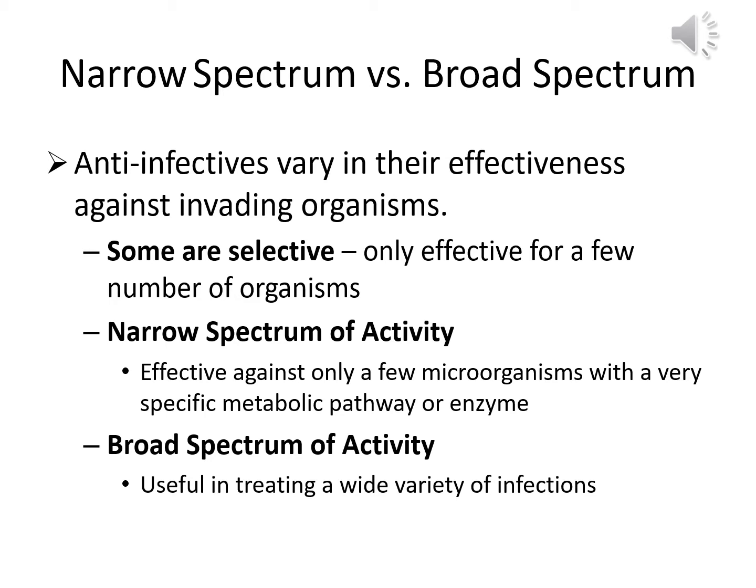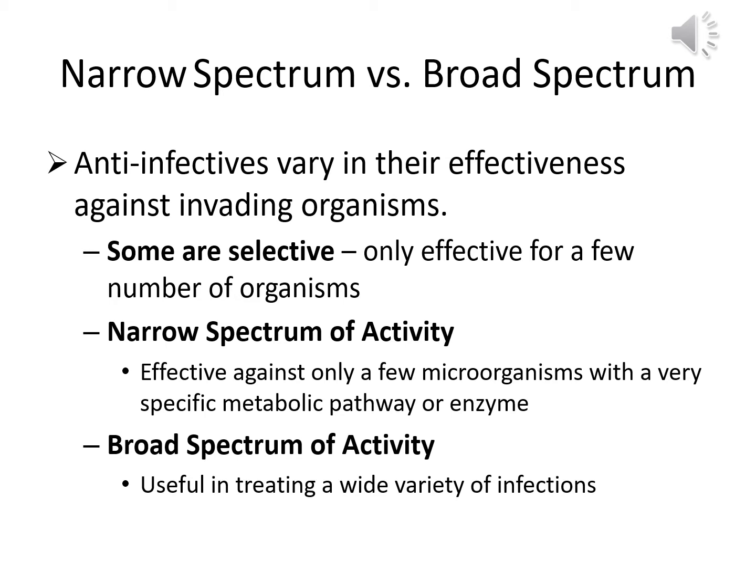Others considered narrow spectrum might be effective only against, for example, gram-positive anaerobes or just gram-negative bacteria, and only a few of those, such as gram-negative coliform bacteria. So again, they're very good at inhibiting a selective pathway, a metabolic pathway, or some other mechanism that specific bacteria use, but it doesn't work against bacteria that don't use that mechanism, metabolic pathway, or enzyme.